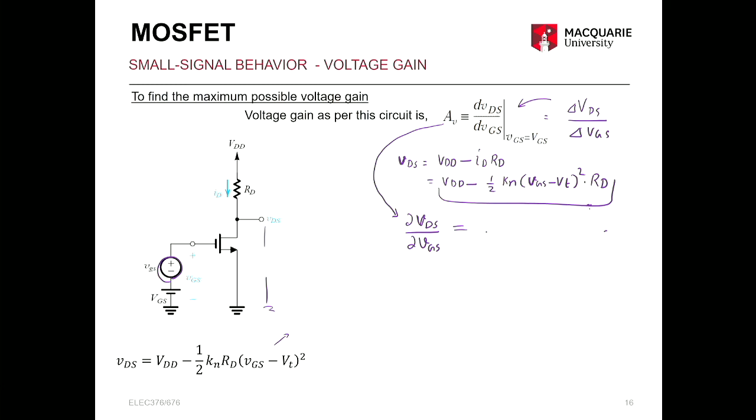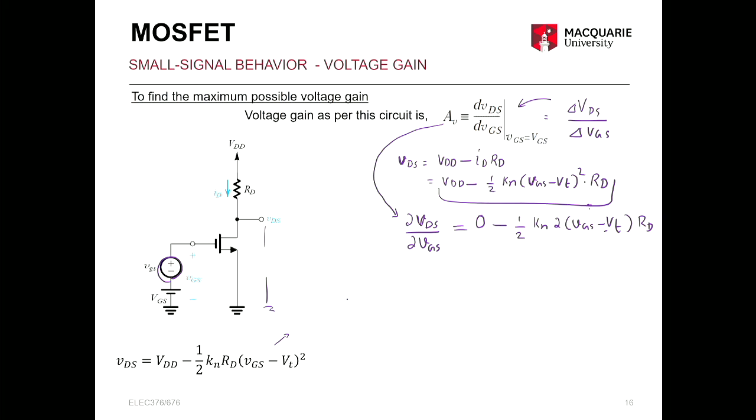Calculus, anybody? 0, minus about this term, half Kn times 2 times VGS minus VT times RD, right?